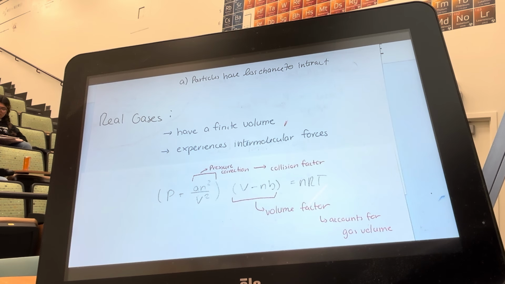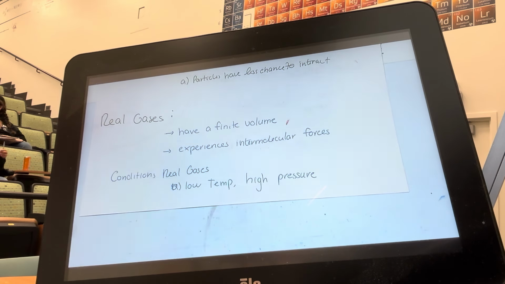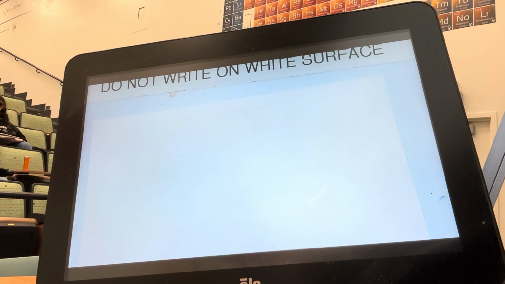Any questions about ideal and real gases? Yes. If you increase the temperature, the speed of the gas molecules increases, right? But then that decreases the pressure, or not?